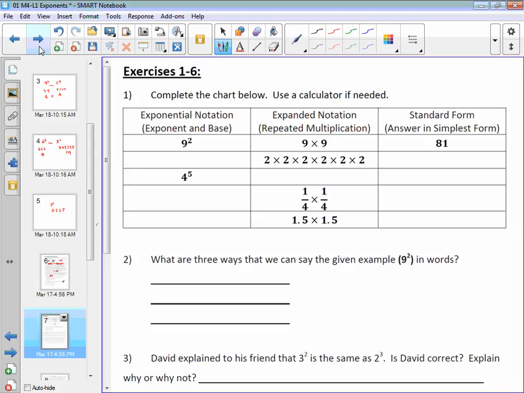What's the number being repeated? 2. Okay, my base is 2. How many times is it being repeated in the multiplication? 6. And how would you say this? 2 with an exponent of 6. Okay, or 2 to the 6th power. Now, when you actually multiply that through, what do you get?